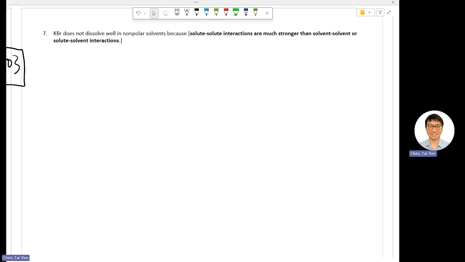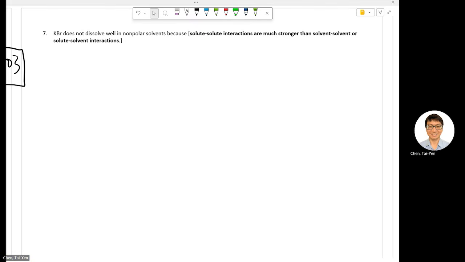KBr is an electrolyte. Everybody can see why: K is a 1A element, so every time you see a compound with a 1A element, consider it an electrolyte. It means that once it dissolves, it forms charged species.